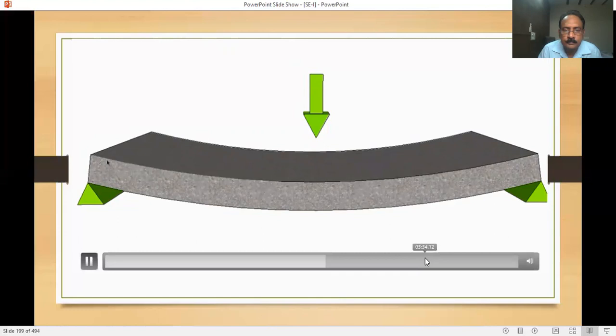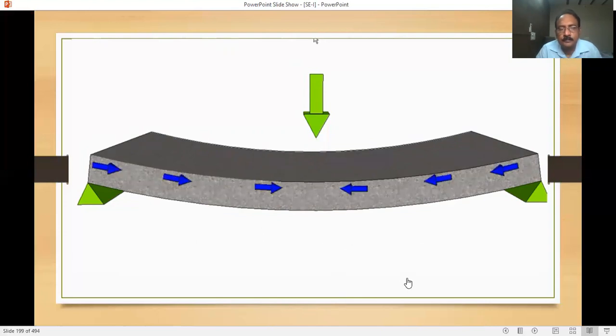Because it's now a concave shape, the top of the slab has been compressed by the load, and the bottom half of the slab is now in tension because it's actually been made longer.